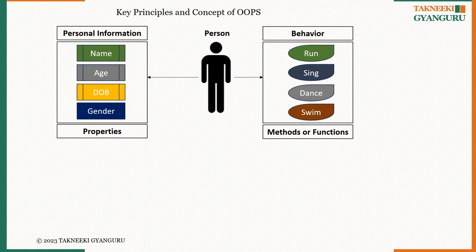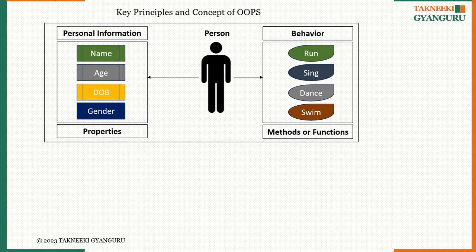So once this personal information and behavior come together with a person and combine into one single unit, it is called a class. So this class is basically a blueprint or a template, right? So we are not doing anything here, we are just defining the personal information properties like name, age, date of birth, and gender, and some behavior, run, sing, dance, swim.